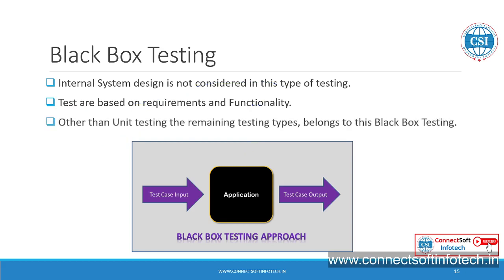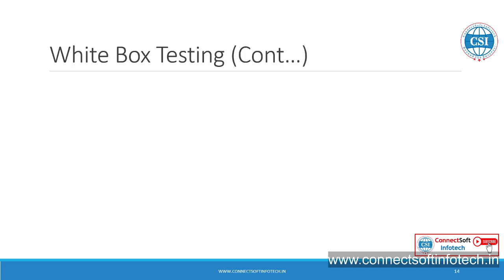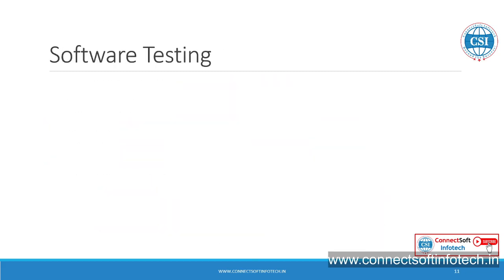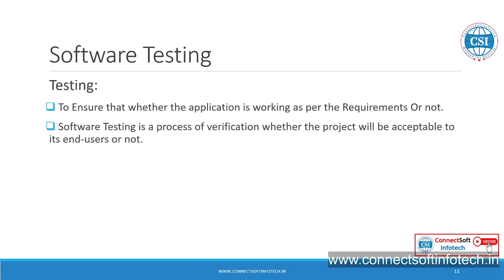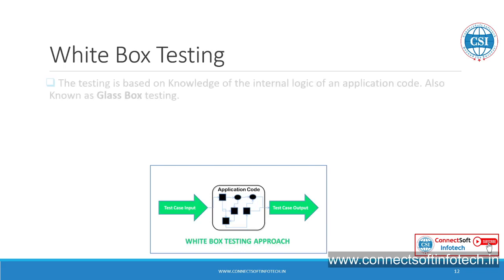Other than unit testing, the remaining testing types belong to black box testing, because unit testing belongs to white box testing. You can check here the levels of testing. These are very important concepts: what are the types of testing and so on.